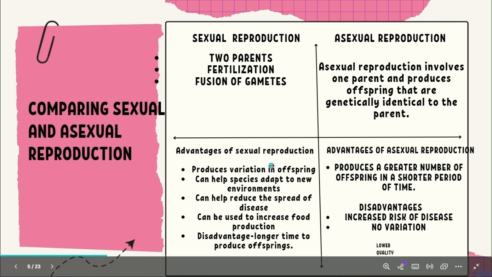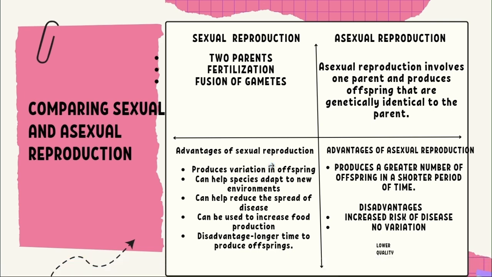But look at it like this. If there is no variation in asexual reproduction, right? And let's just say that there's a disease, and this plant does not have the mechanism to fight off the disease. The plant is susceptible to the disease.